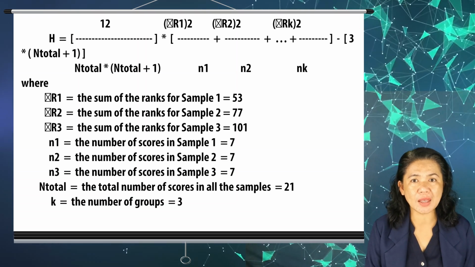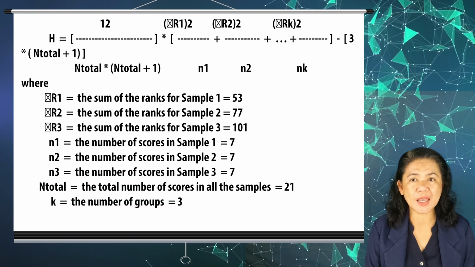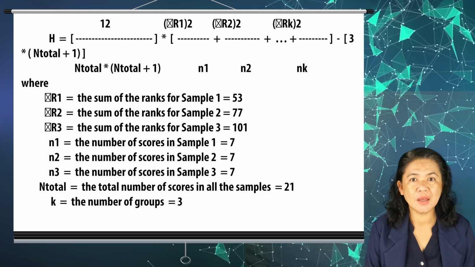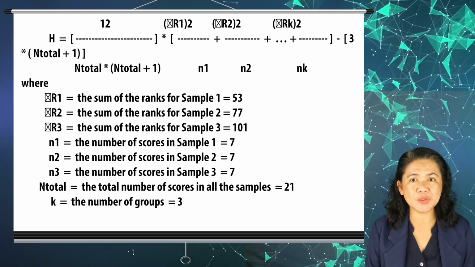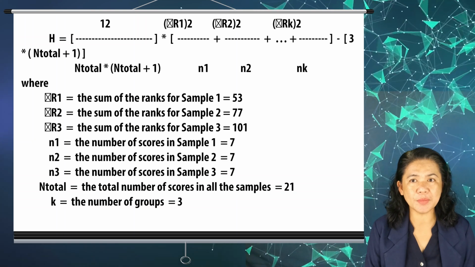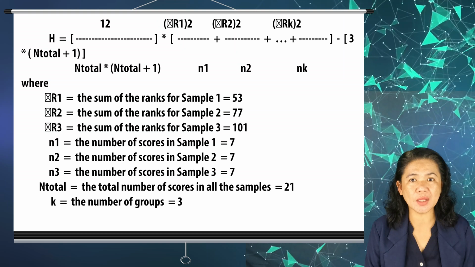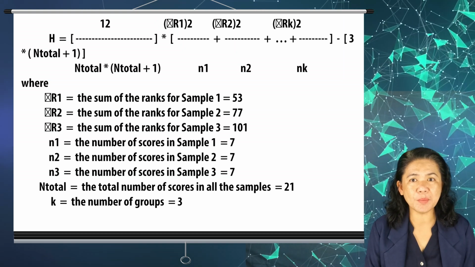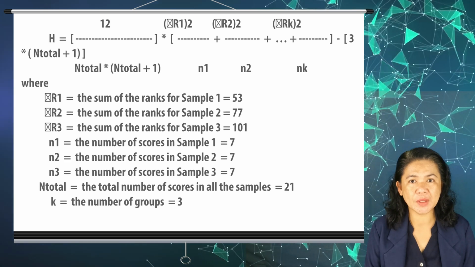N sub 3 is the number of scores in sample 3, which is also equal to 7. The total, or N, is the total number of scores in all the samples, and this is equal to 21. K is the number of groups, which is 3.